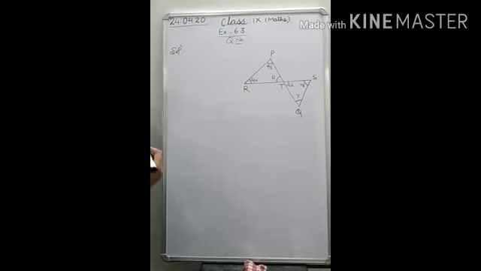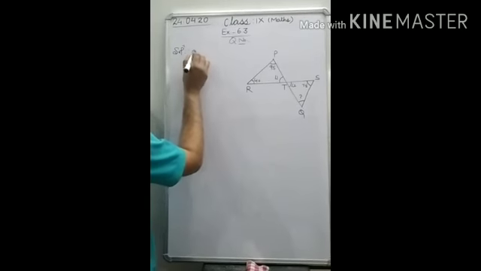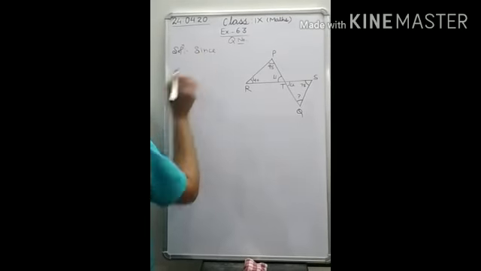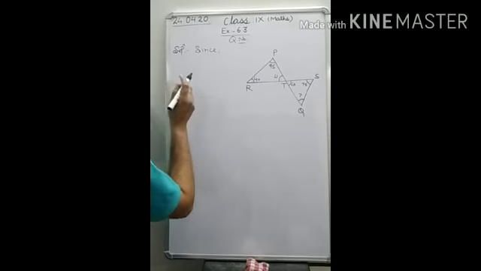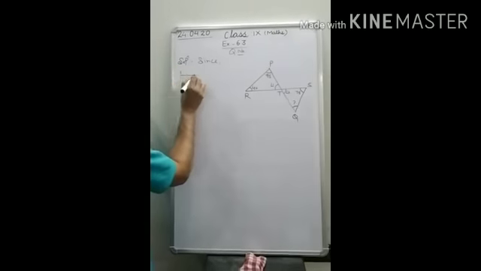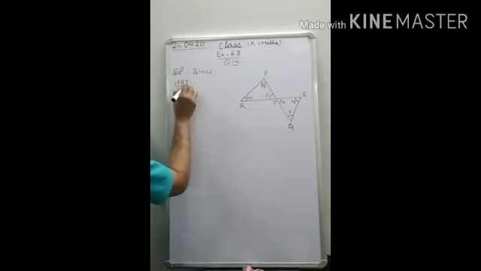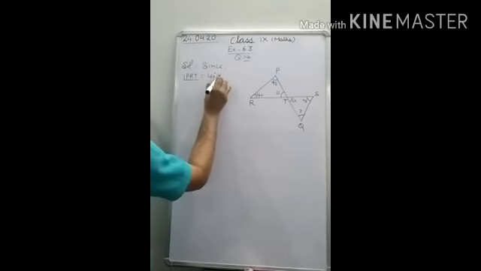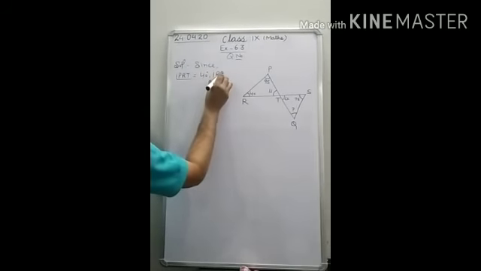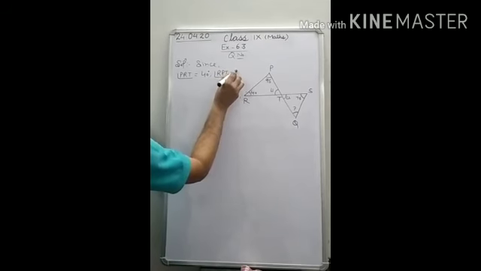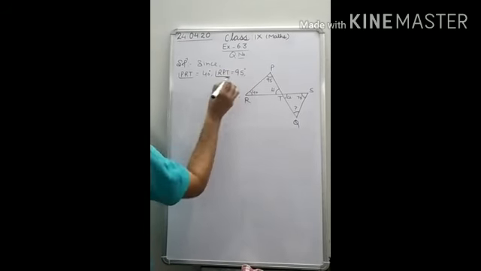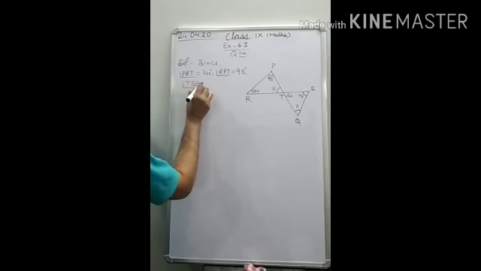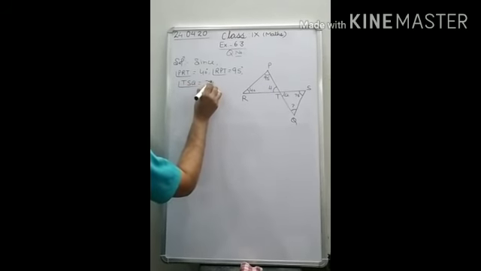So let us start the solution from the given. We write, since angle PRT is of measure 40 degrees, angle RPT is 95 degrees, and angle TSQ is of 75 degrees.